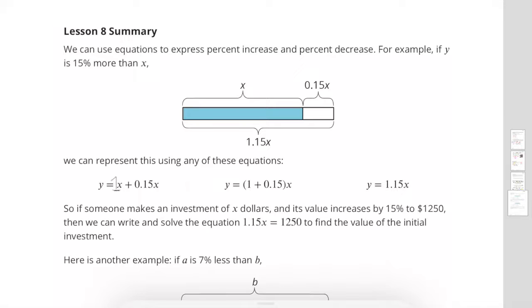So 1x plus 0.15x would give you 1.15x. Same thing here. 1 plus 0.15 is 1.15x. So these are both correct ways to write it. This is just our simplest form. And then here you can see, instead of writing y, they wrote 1.15x because that is what y equals.